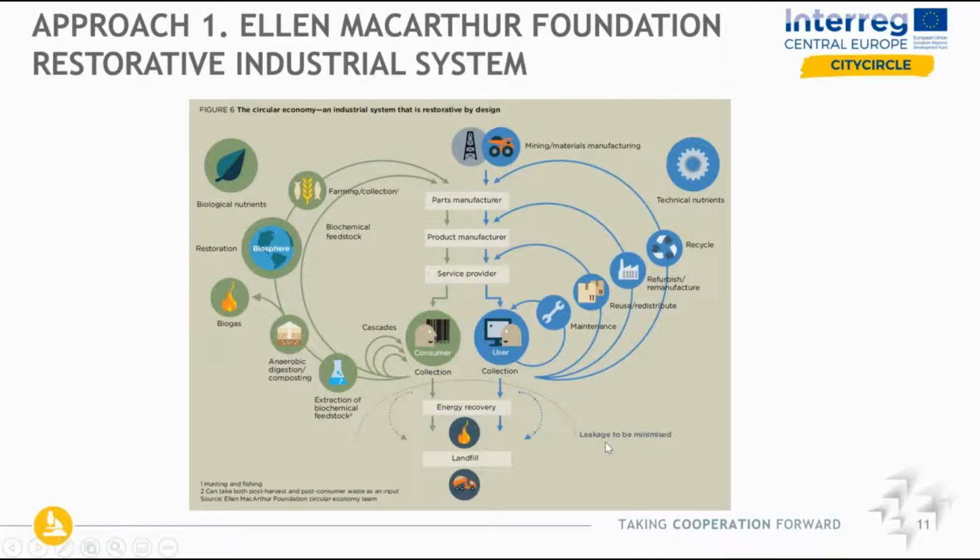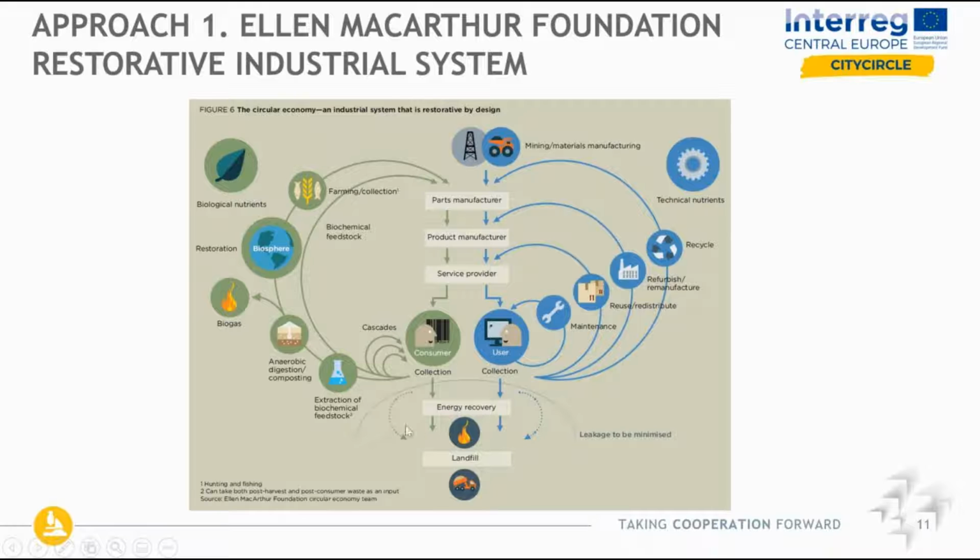If we look here at the materials and the manufacturing part, we see you can repair, you can maintain, you can reuse, redistribute, refurbish, remanufacture, recycle, the different circles here. And there is a similar approach for biological nutrients, which can be reused different times, which can be recycled in different ways, including turned into biogas, can be restored, going back to farming.